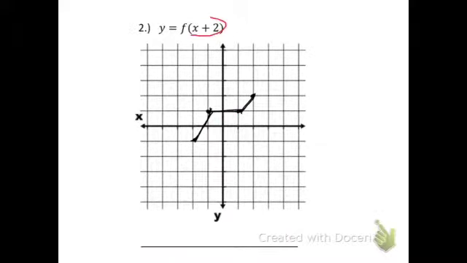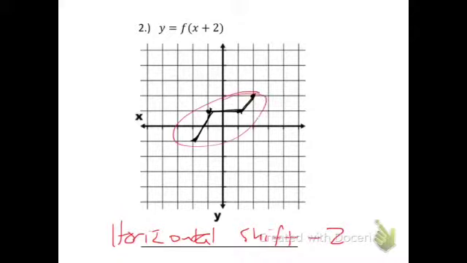Moving on to 2. When you have a change inside the parentheses, inside the input for your function, you're going to have a horizontal shift. And it's going to be the opposite of whatever sign's in there. So that one says plus 2, so it's a horizontal shift of negative 2. So you're going to take all your points here, and they're going to go left 2 spots, two values.